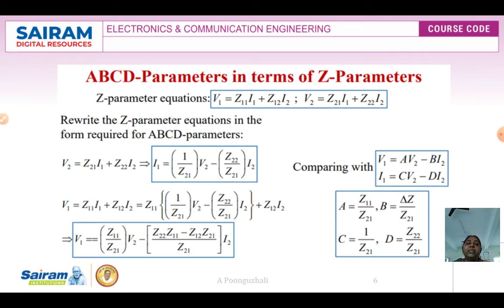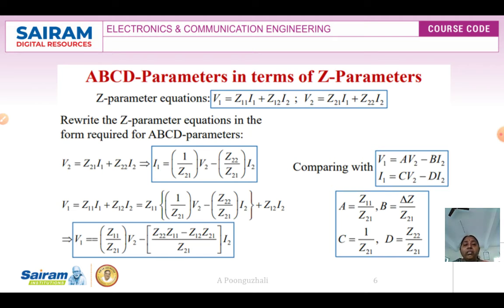Next is ABCD parameters in terms of Z parameters. To find ABCD in terms of Z parameters, we take the Z parameter equations: V1 is equal to Z11 I1 plus Z12 I2, and V2 is equal to Z21 I1 plus Z22 I2.